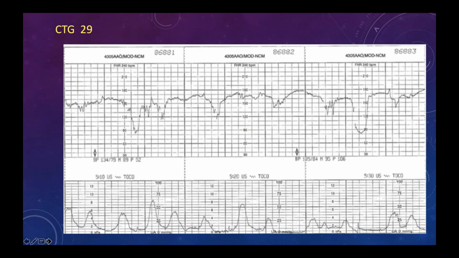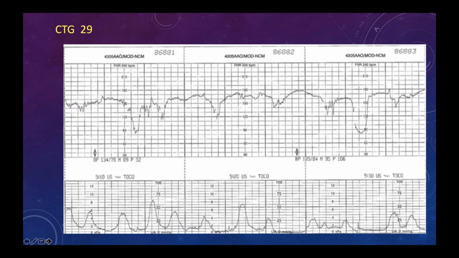Okay, who wants to do next? Can I take this, ma'am? Yeah. Here in 10 minutes, 1, 2, 3, 4, 5 contractions are there, ma'am. 4 to 5 contractions in 10 minutes. And the baseline is 120, 30, 40, 50, near about 160, ma'am.